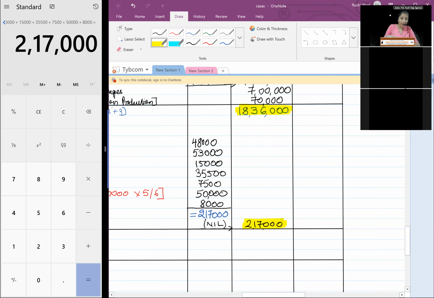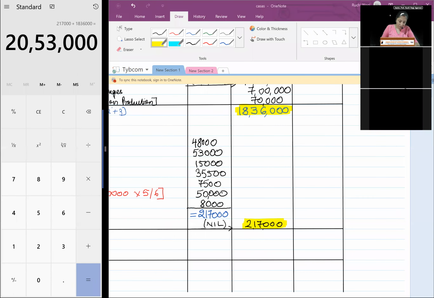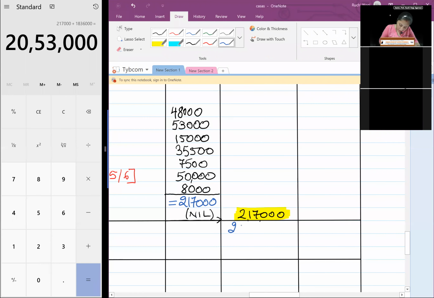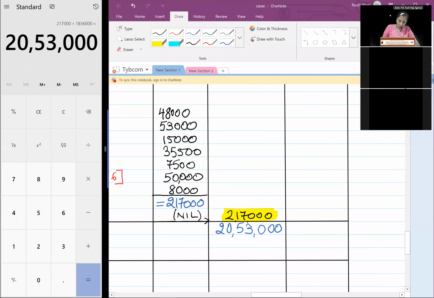Add, we are calculating total cost, so we will add the expenses. That's 18,36,000. So the answer is 20,53,000. So right here in the total 20,53,000.